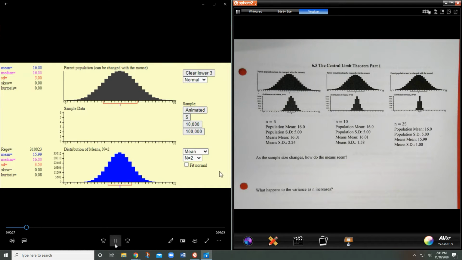And as you notice, the distribution of our sample means is also normal. The mean is also the same, or approximately the same. Here the mean is 15.99, here it is 16.0, but the mean is still almost exactly the same.